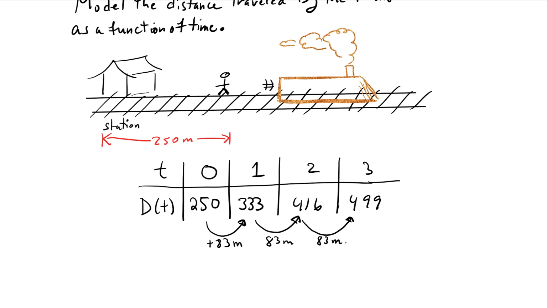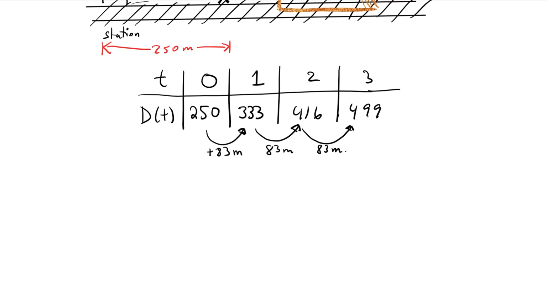Each time you've got a function which increases at a constant rate between equally spaced points, you're going to be dealing with a linear function, a function whose graph is a line. Let me try to convince you of that.